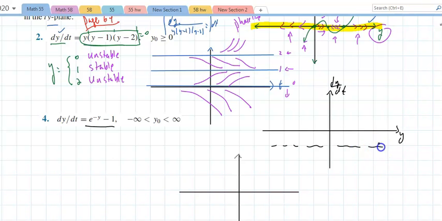So instead of y equals 0, e to the negative x is a graph that looks like this. Well, let's see. If I pick to the left, the derivative is positive. That means the function y is increasing. And since here it is negative, the function is decreasing. And the phase line again is right there.